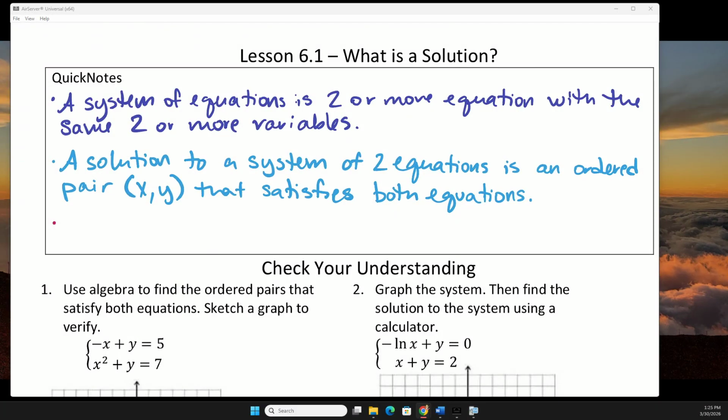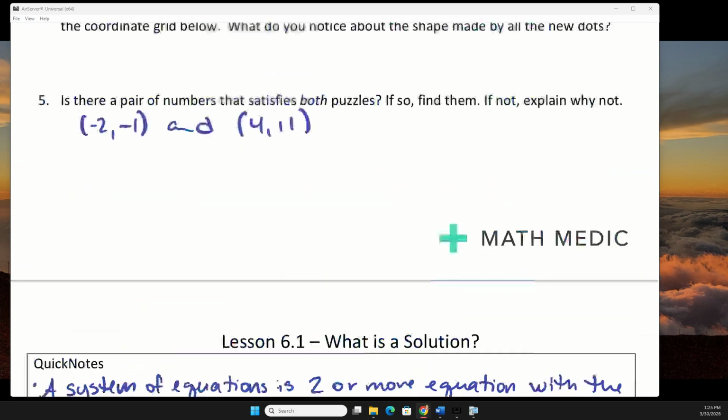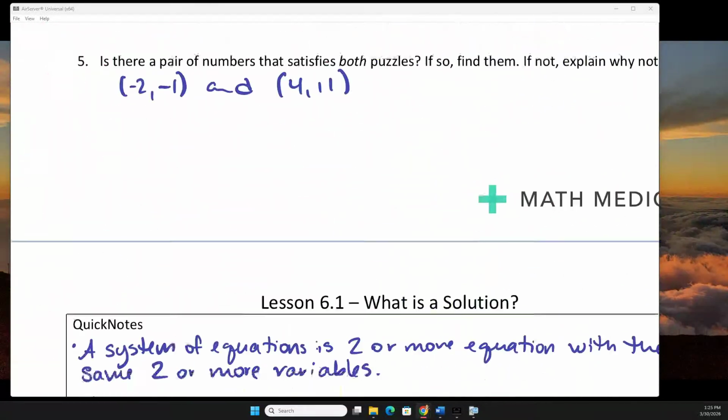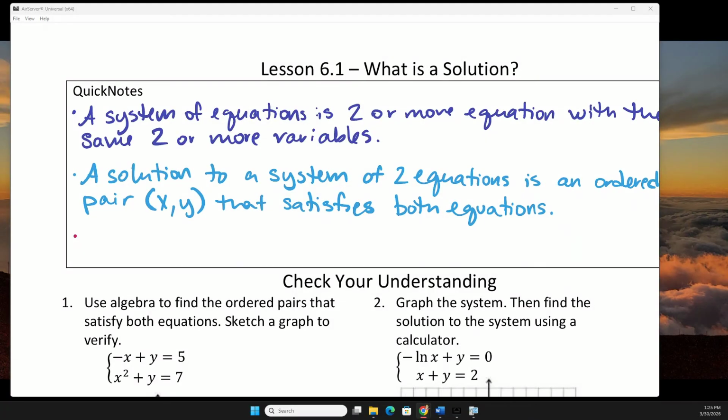Alright, and there is sometimes a situation where there isn't an ordered pair that satisfies both equations. So like if it was a parabola and a line, like what we just had, you could have the parabola up here and the line down here, and they would never cross each other. There would never be anything that satisfies both. Or we could have two parallel lines that never have a point in common.